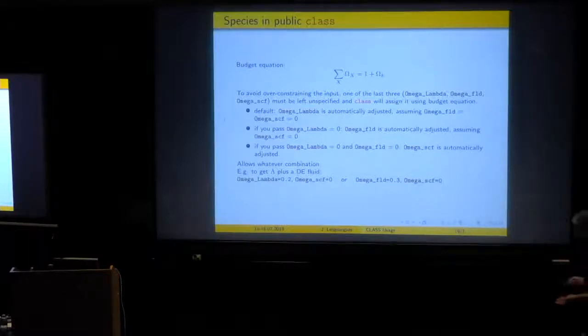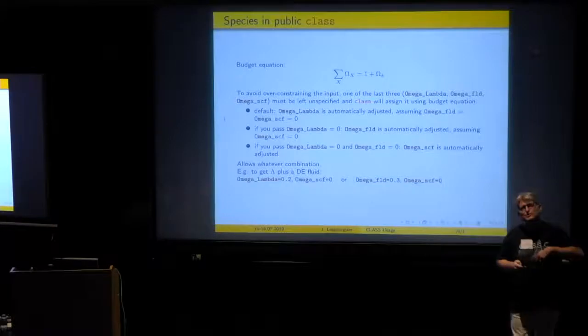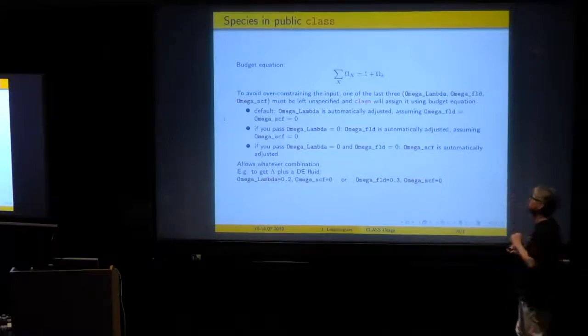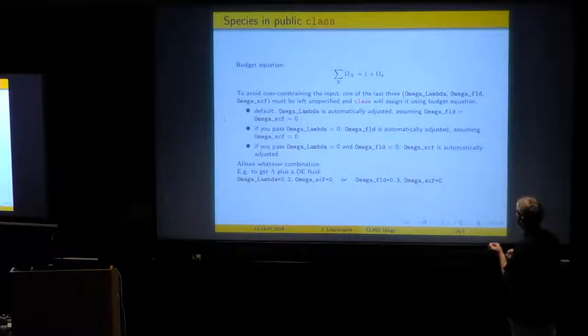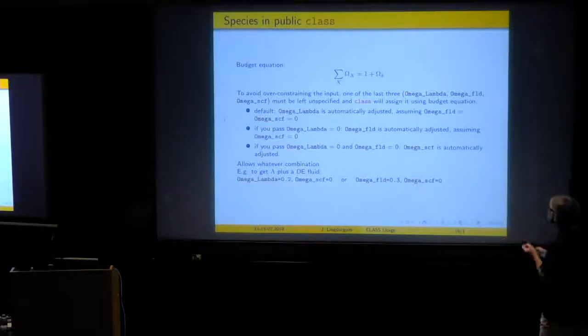And in some exceptional case, in principle, you should be allowed to have more than one. So here is the logic. By default, the code will assume that omega fluid and omega scalar field are 0. So unless you pass them to a different value, it will assume that there are no dark energy fluid, no scalar fields. And then you should not pass omega lambda. The code will adjust it.